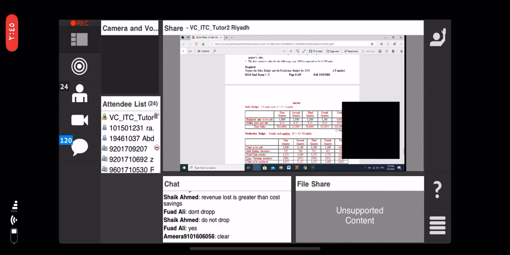This is the sales budget. Just multiply two numbers: units to be sold by the price per unit. Do you have any question about the sales budget?